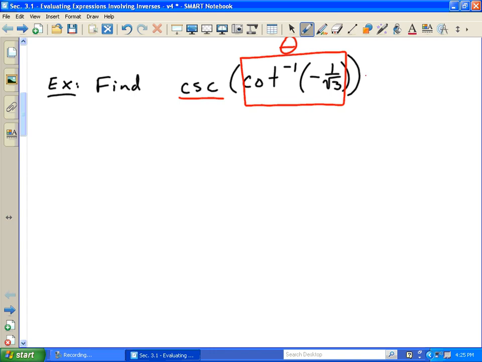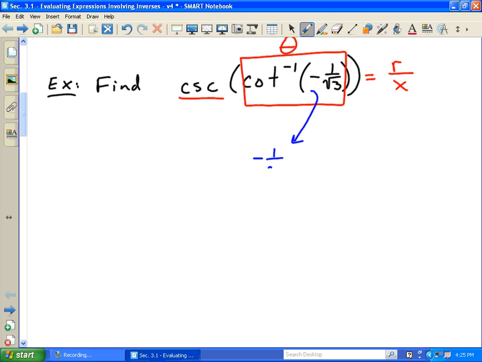But what I would like to find out is, based on this information, can I figure out, in this case, since cosecant is defined as r over y, an r and a y for this particular situation? The inside function, being an inverse, actually is giving me this.